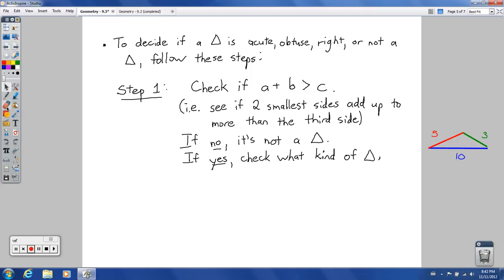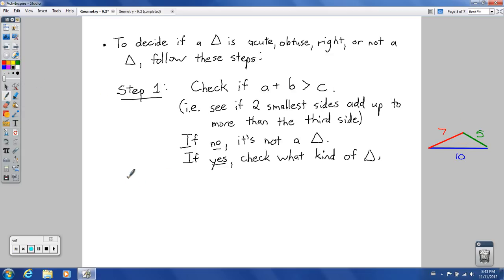So suddenly this changes to 7, this changes to 5. I have something that's big enough to actually touch right here. So it's big enough to connect right here and right here. So as long as a plus b is longer than the long side of the potential triangle, then you actually can make a triangle. But if not, then you can't. So I'll leave that over there, but you don't have to write that down.